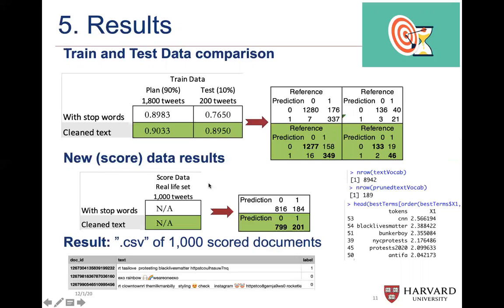Then we applied it to the 1,000 tweets, and we got basically 200 tweets predicted to be political and 800 to be not political. If we look at the data that we exported, it was tweets such as this one that's talking about Black Lives Matter that was predicted as political, and this tweet about rainbow, it says it's not political.